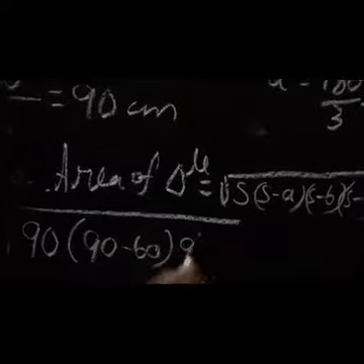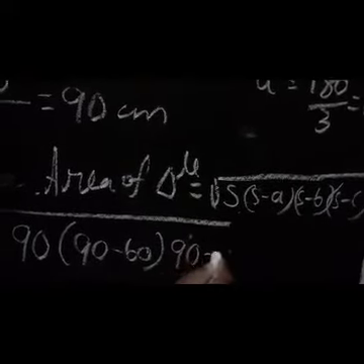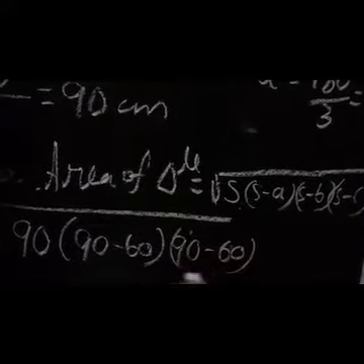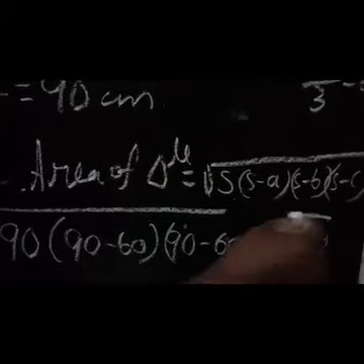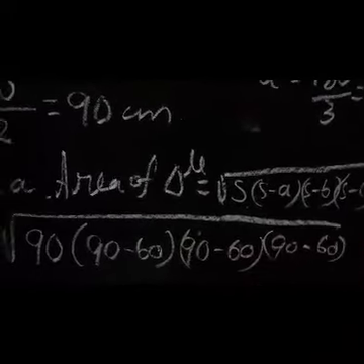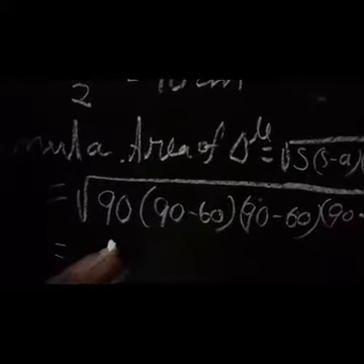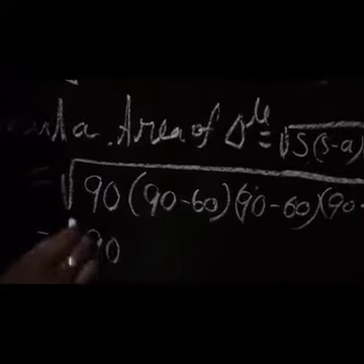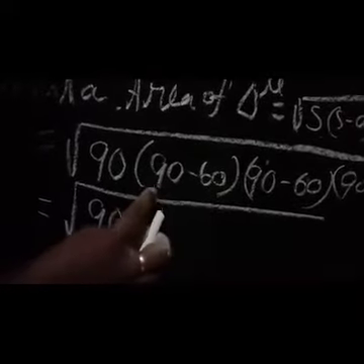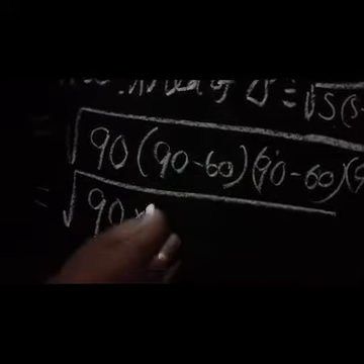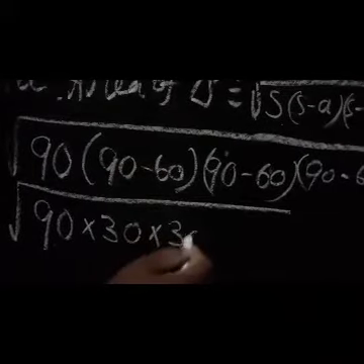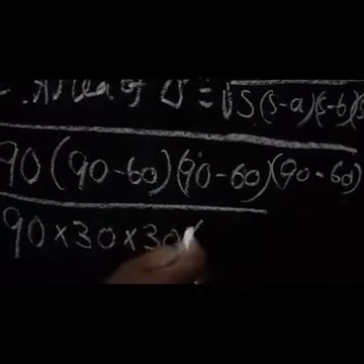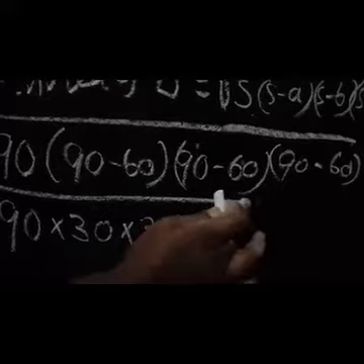That's how all the three are also 90 minus 60. So here square root of 90. 90 minus 60 is 30. 90 minus 60 is again 30. 90 minus 60, one more 30.